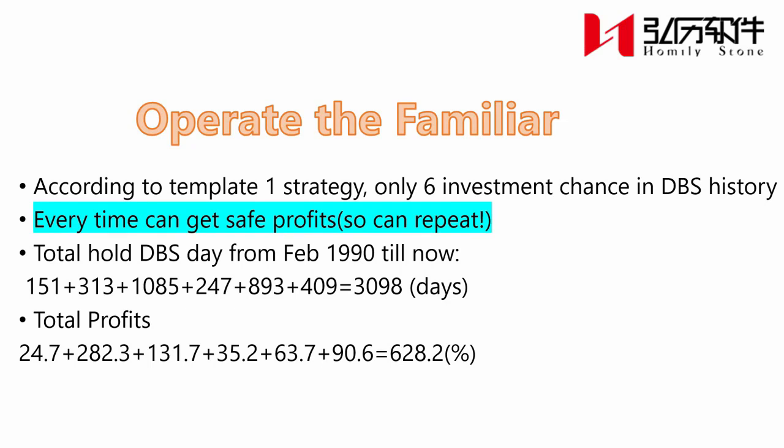So later, if the same pattern appears again, we can repeat. Not only in DBS, but also in OCBC, in UOB, and in Top Glove, in Medtech, in UG Healthcare, all the patterns we can use.